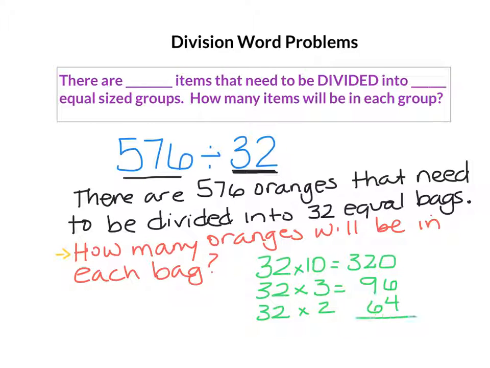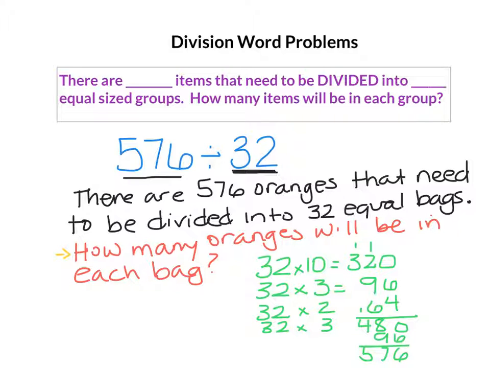Let's see what we have so far. That gives me 480. So I'm almost there. I'm about 100 off, so I'm guessing I just need another 3. So 32 times 3 again gives me 96. That makes 576.